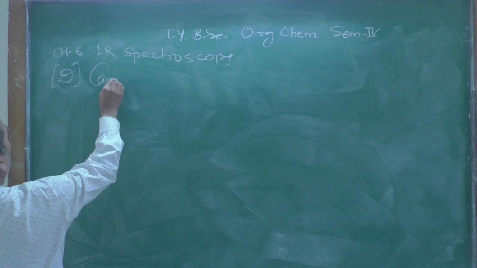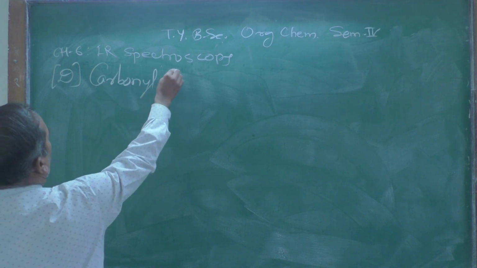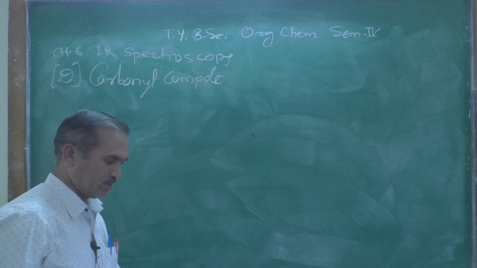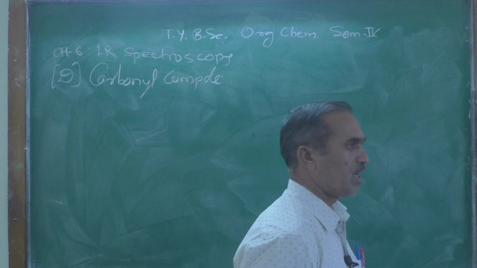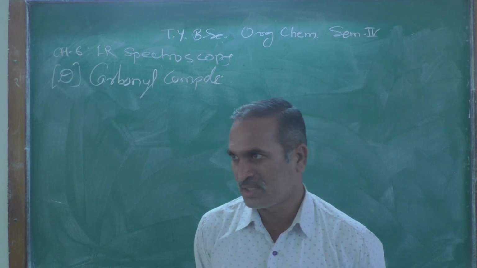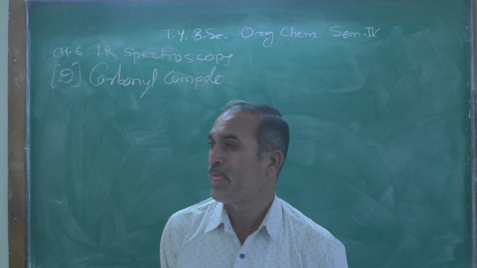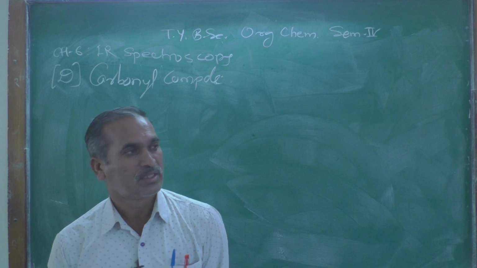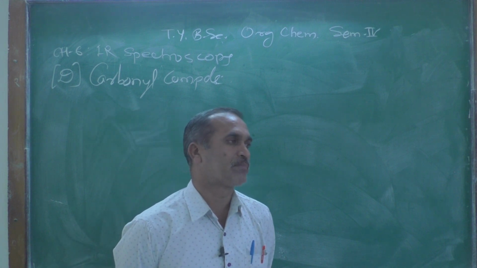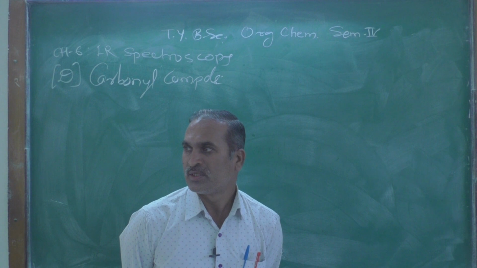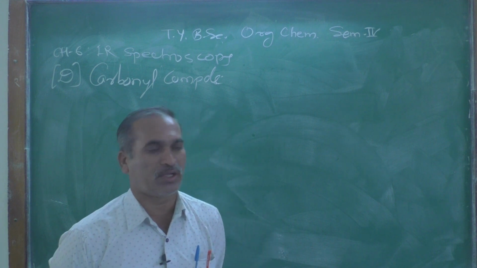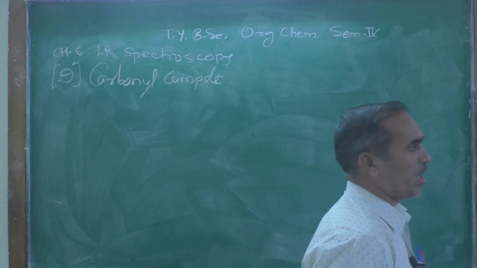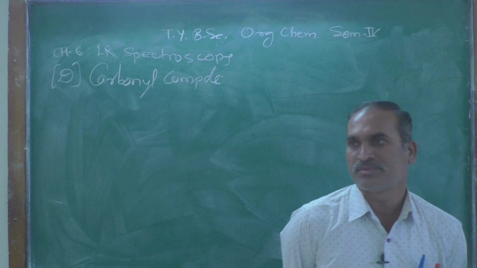Carbonyl groups are generally present in a number of organic compounds, commonly in aldehydes and ketones, and those compounds are generally referred to as carbonyl compounds.